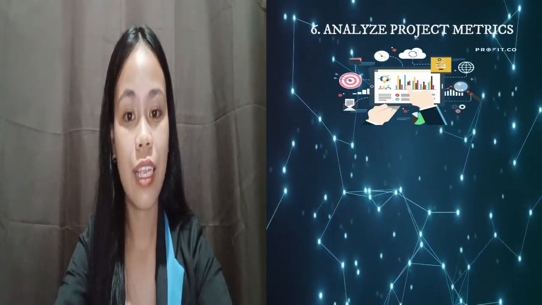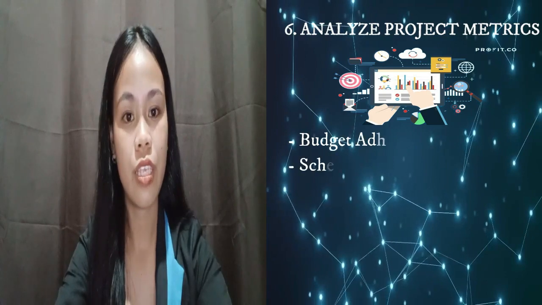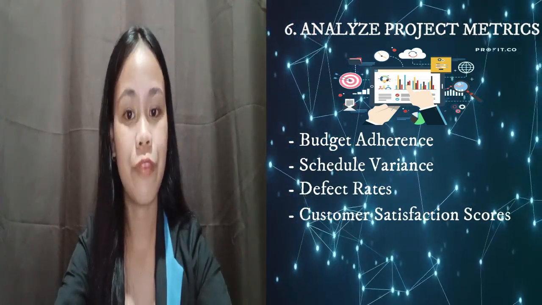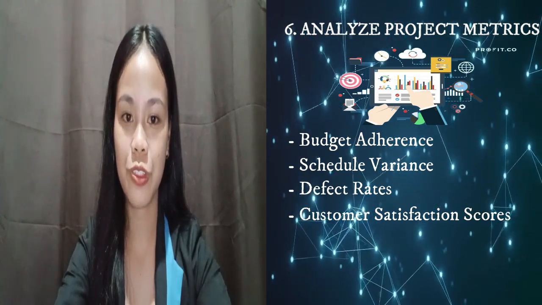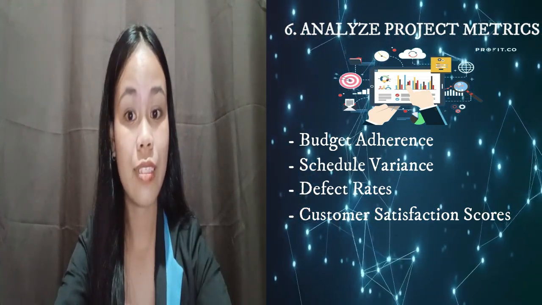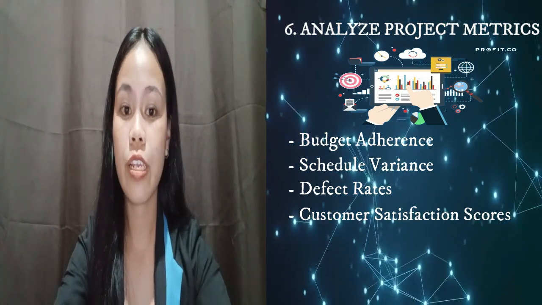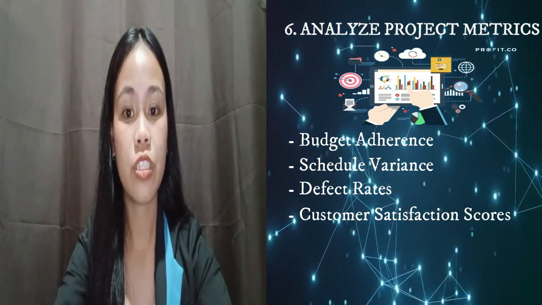Next, analyze project metrics. Analyze project metrics such as budget adherence, schedule variance, defect rates, and customer satisfaction scores. Compare these metrics against predefined benchmarks or industry standards to identify areas of concern and potential opportunities for improvement.